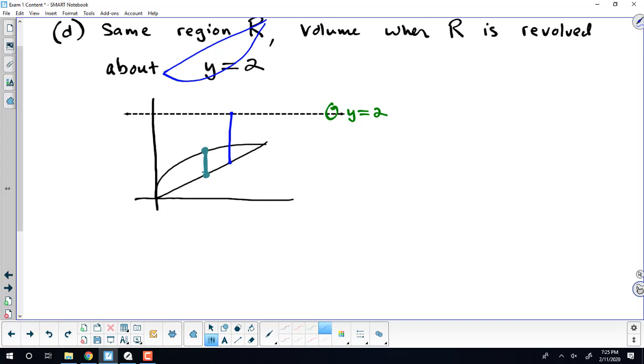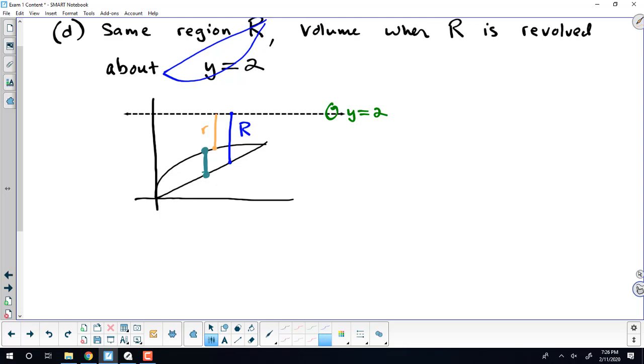So we'll have this kind of thing. So that's going to be the outside of the figure, the outer radius. So that's capital R. And then this is now lowercase r, or the inner radius. Does that make sense?